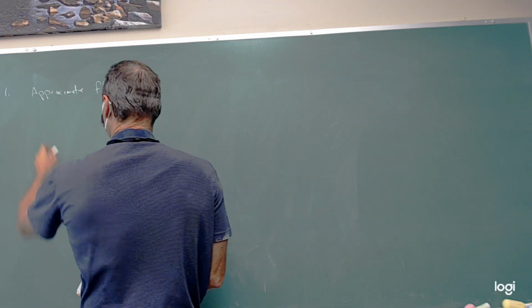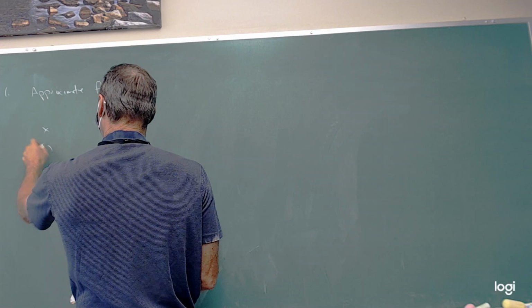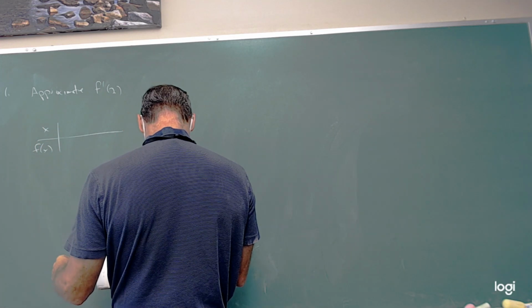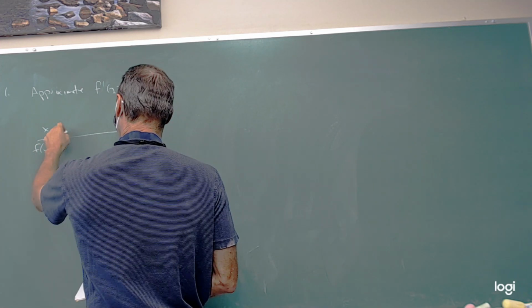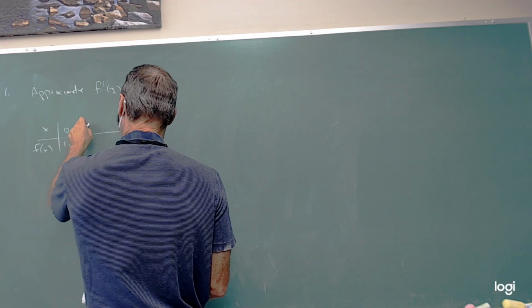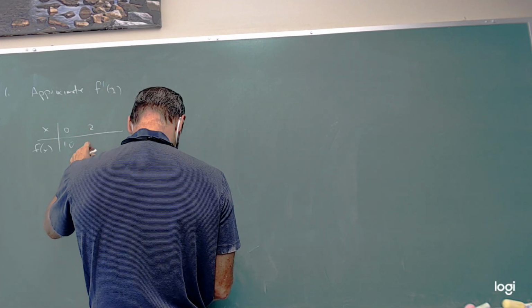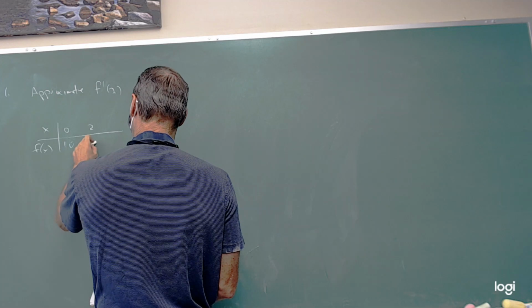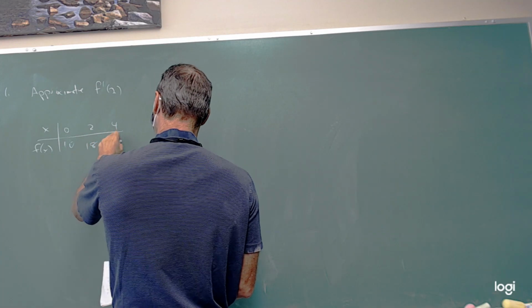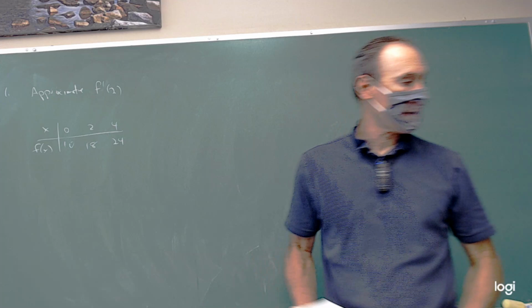So you have on this table, so you've got 0 is going to be 10, 2 is going to be 18, and 4 is going to be 24. This is enough for us to do the first part of the question.